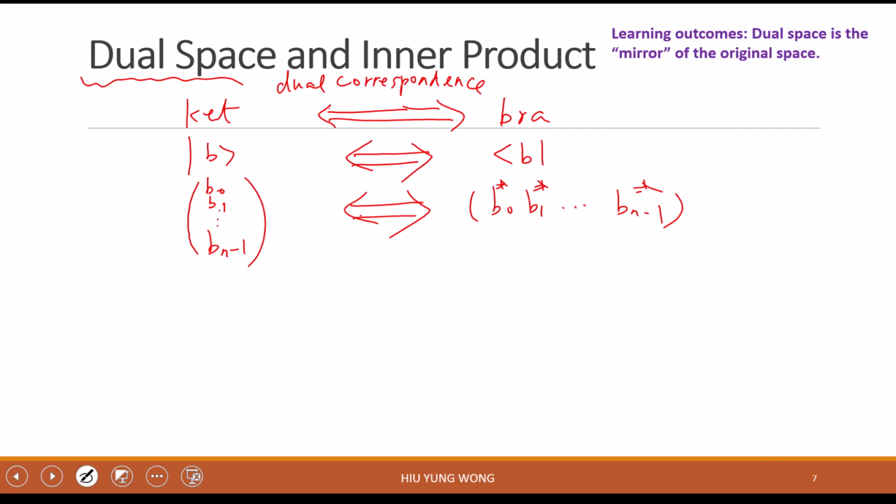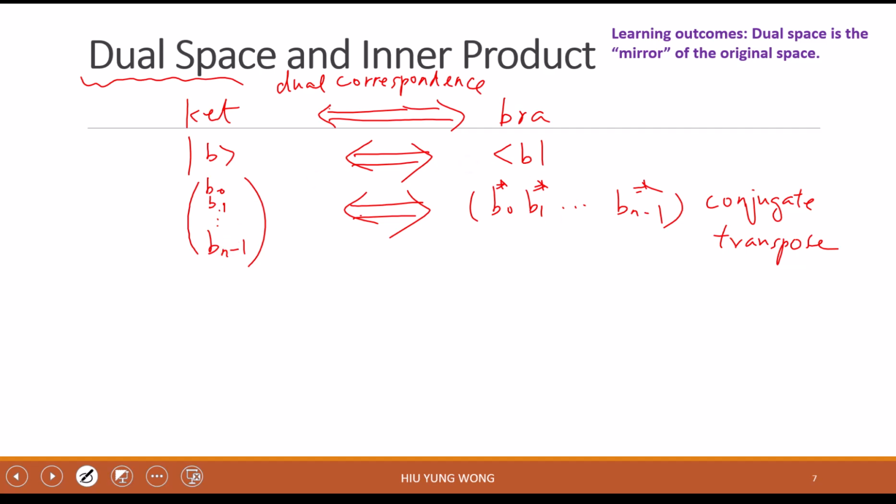Take it as a definition. Transpose it, complex conjugate. Done, right? So we call this the conjugate transpose. And of course, the ket is also the conjugate transpose of the bra, because you transpose this one, you become a column, and then you take the complex conjugate again, then the star becomes nothing, right?